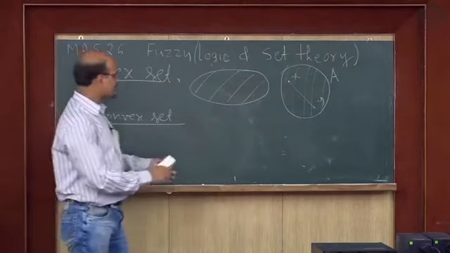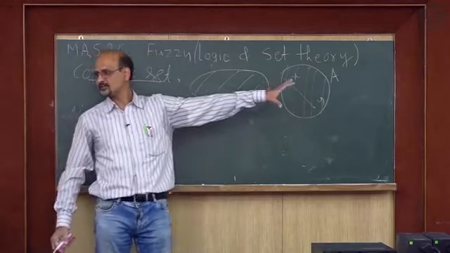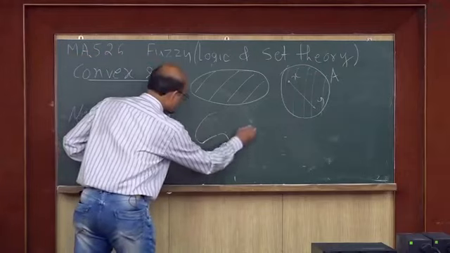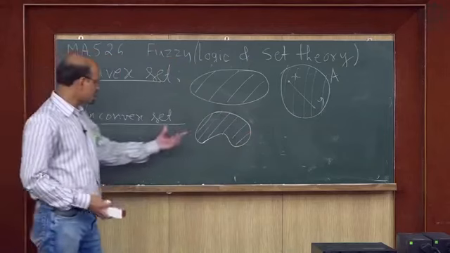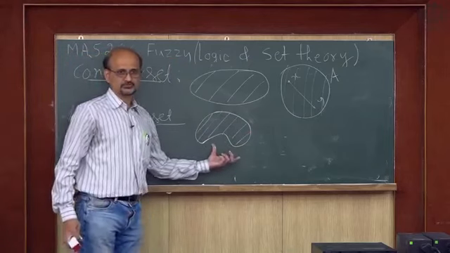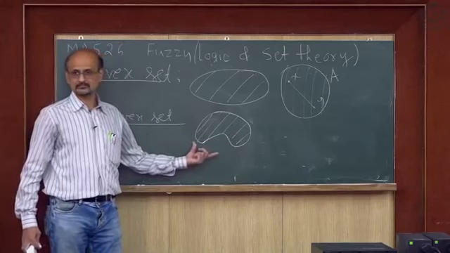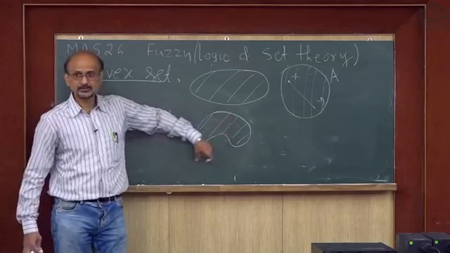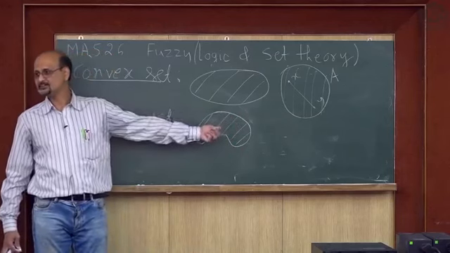If you define it with less than or equal to, with some condition, then you can say this circle is okay. Non-convex set, if I have this set, there may be some points. Suppose I take a point here and a point here and join them, where x and y are lying in that set, but if you join by a straight line, there are many points which are not in that set.